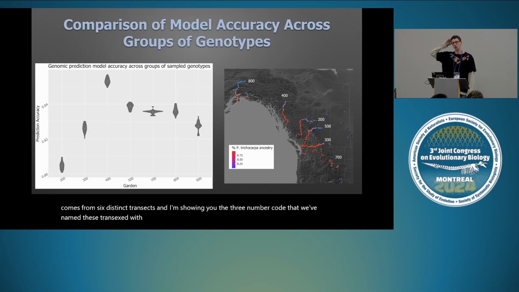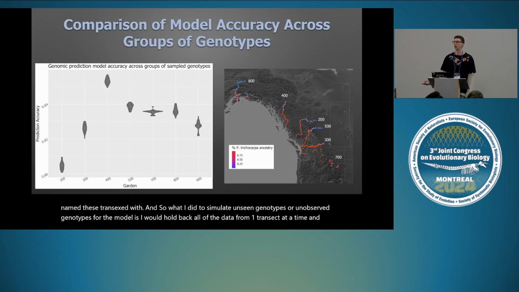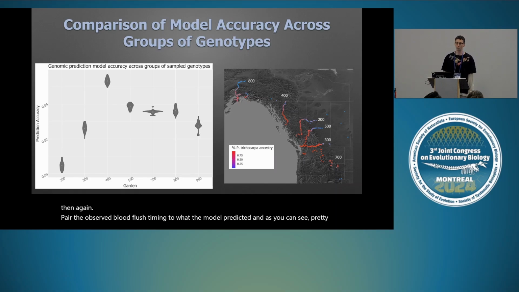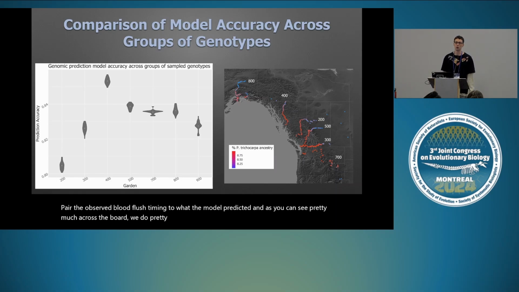To simulate unobserved genotypes for the model, I would hold back all of the data from one transect at a time, and then again compare the observed bud flush timing to what the model predicted. And as you can see, pretty much across the board, we do pretty well predicting for unseen genotypes.